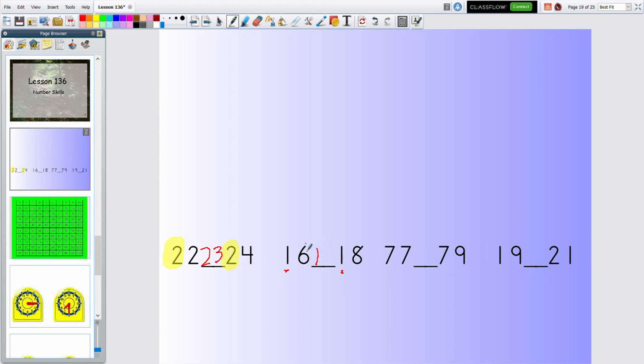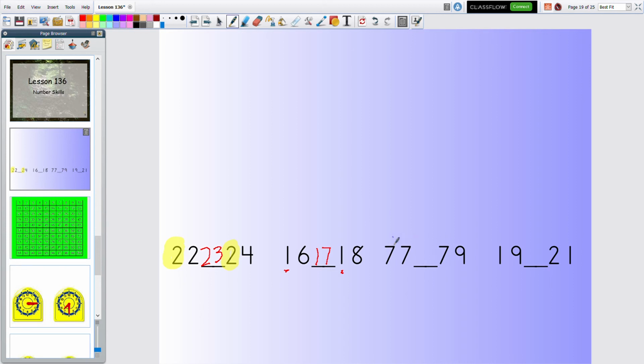So what comes between 6 and 8? Think about it. Look at your chart if you need to. There's the 6 and there's the 8. So if you said 7, you're right. So it's the teen that's a 7. But we say it's 17. 16, 17, 18.